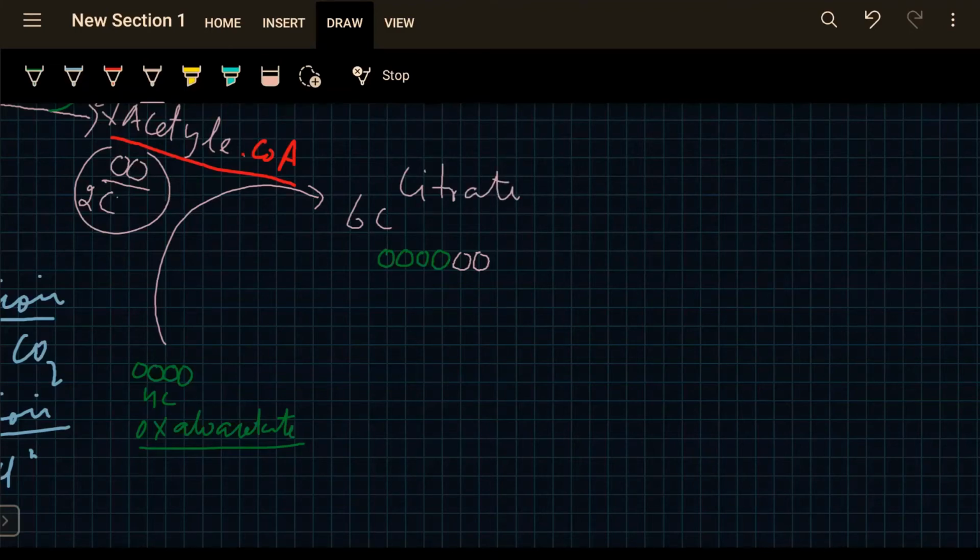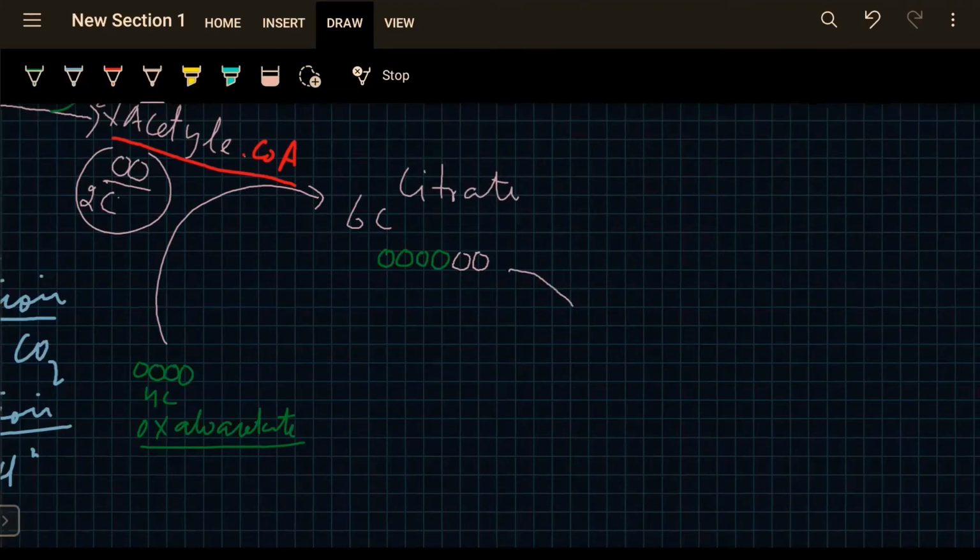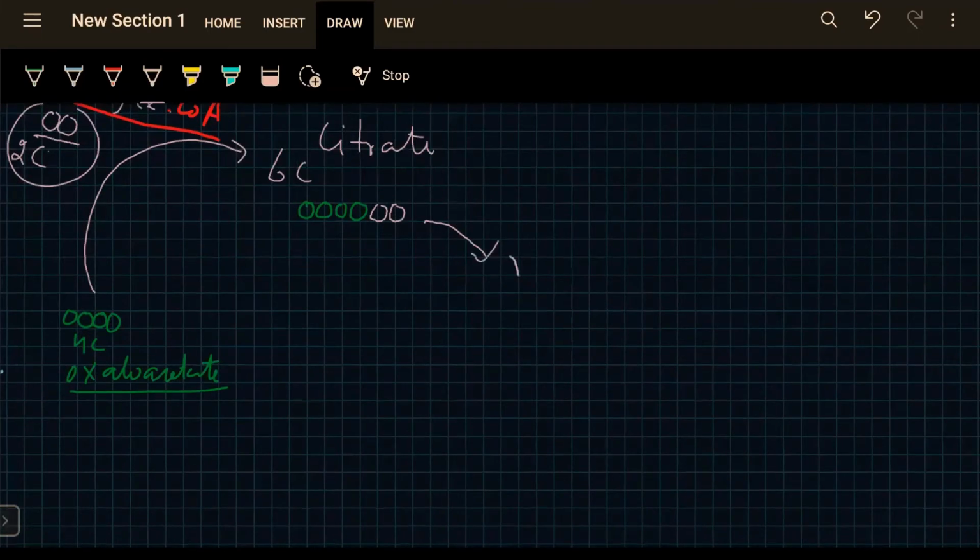Citrate changes into an isomer known as isocitrate, which is again a 6-carbon molecule.